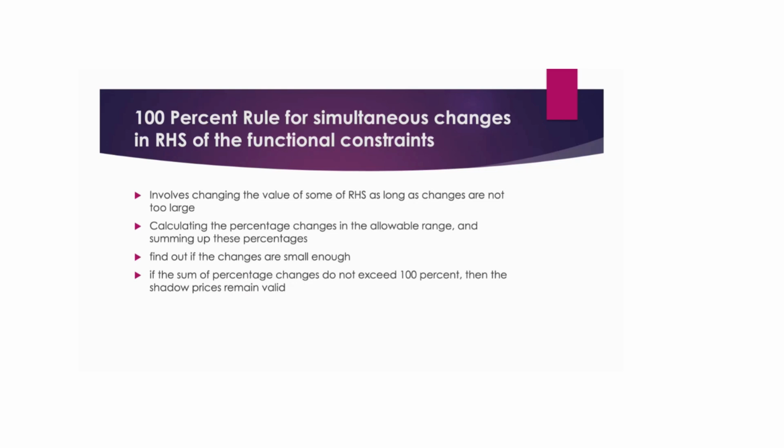Okay, so the shadow price tells us, and this is actually the value which refers to the incremental profit that remains valid within a range of changes in the right-hand side constraints.